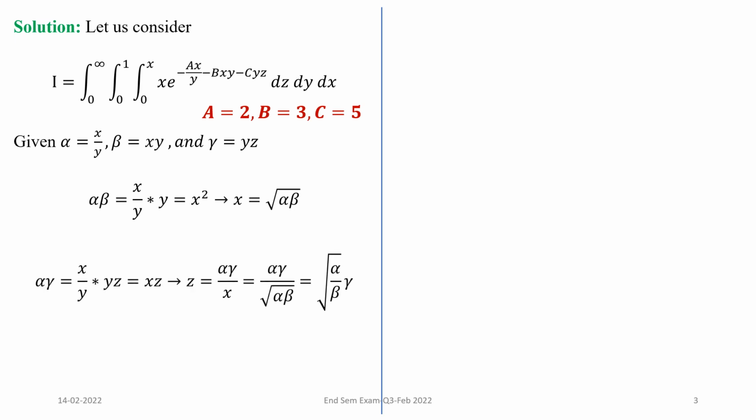Similarly, if we do alpha into gamma, it will be xz equals to z, xz. So z will be alpha gamma upon x, and as we know, x is the square root of alpha beta. In that case, it will be square root of alpha upon beta into gamma.